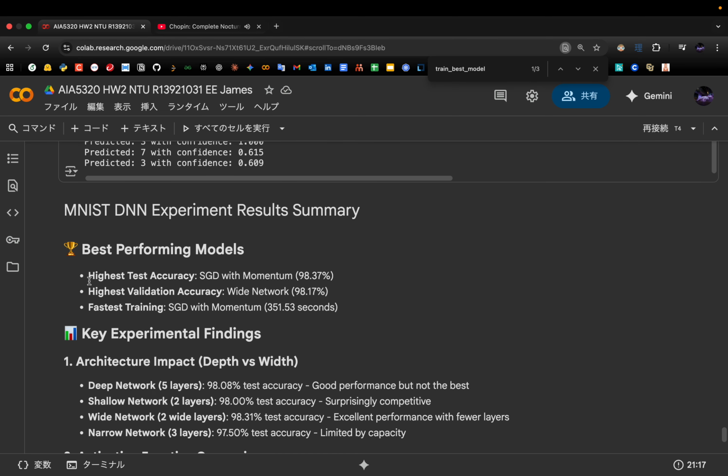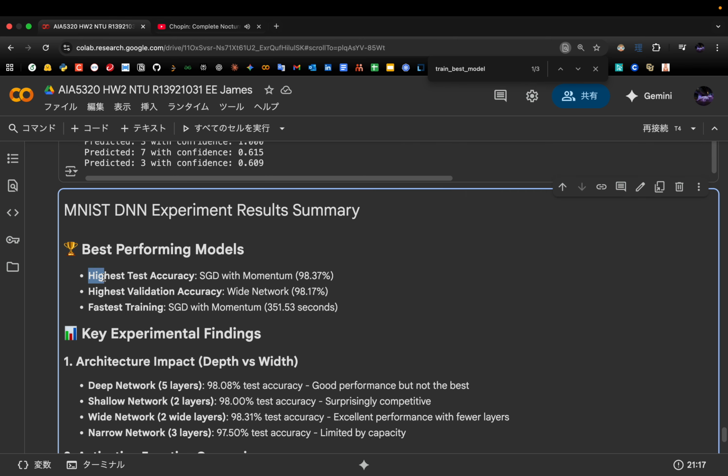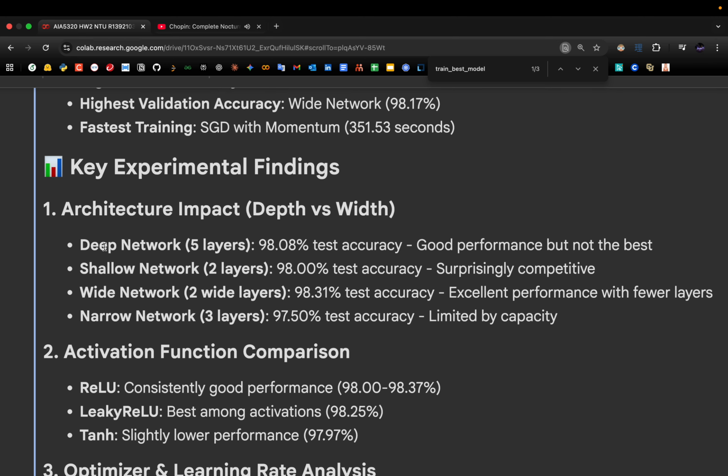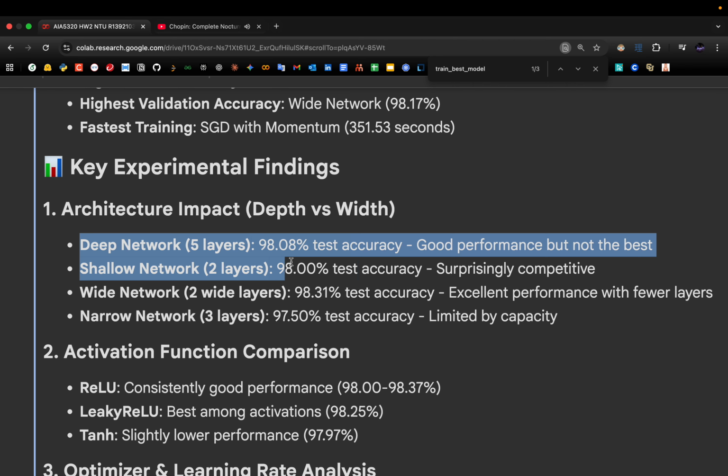As mentioned before, the highest test accuracy is SGD with momentum. The key experiment findings here: for the 5 layers, test accuracy around 98 is good performance, but not the best. Shallow is also around 98% test accuracy, so it's surprisingly competitive with its deep neural network counterpart.